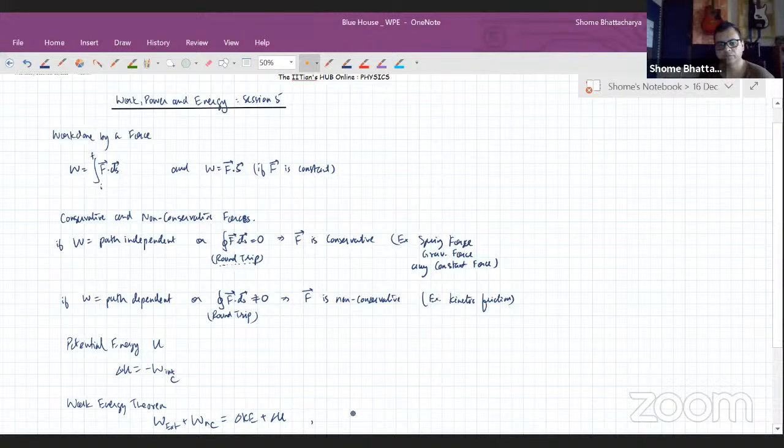Again, if work done by external forces is zero and work done by non-conservative forces is also zero, that means change in kinetic energy plus change in potential energy is zero, or the sum of kinetic energy plus potential energy is constant.